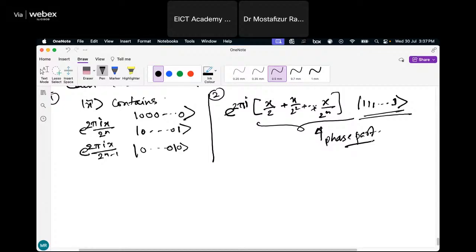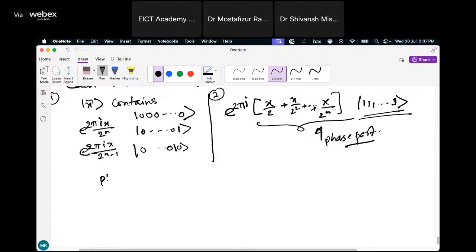Now this phase part is qubit dependent. So this is not so easy.